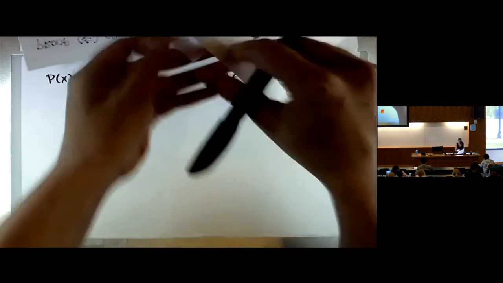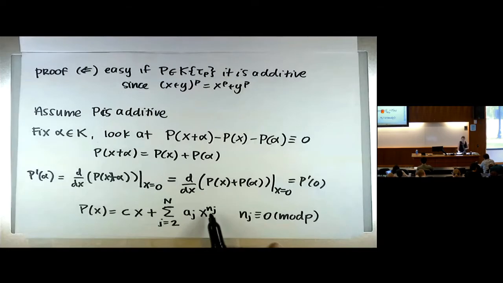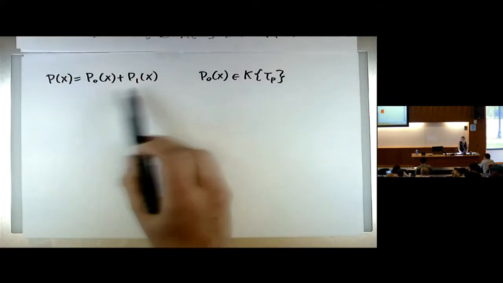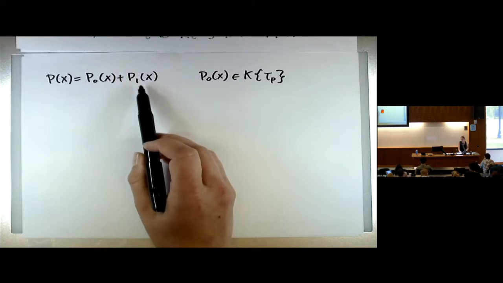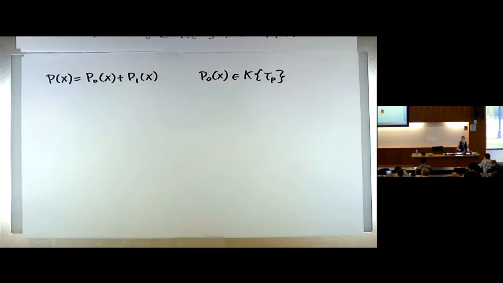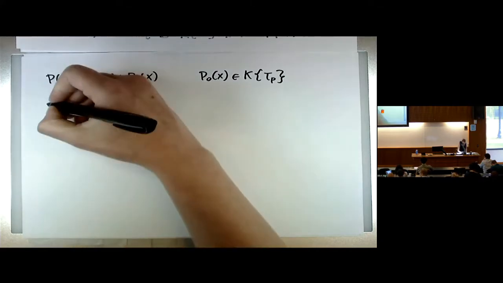So of all these exponents, some of them are powers of P and some of them are just multiples of P that are not a power of P. So I split them up. I put the good ones here, the powers of P here, and the bad ones there, the ones that are just multiples of P. And what I hope is that P1 of X is 0, right? That's what will be enough.